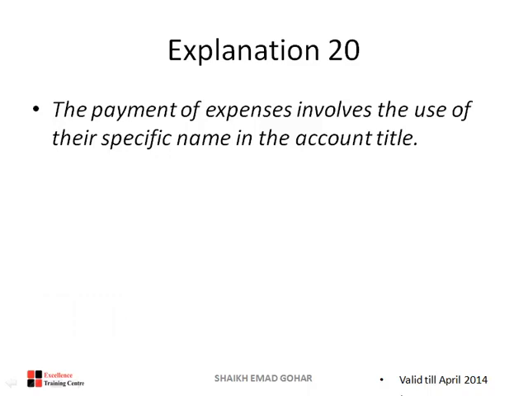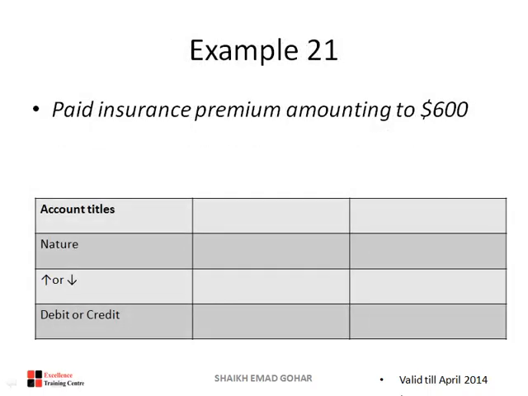See, what is this? The payment of expenses involves the use of their specific name in the account title. I told you this thing, okay? Paid insurance premium amounting to 600. Do this and tell me. Very easy, same.